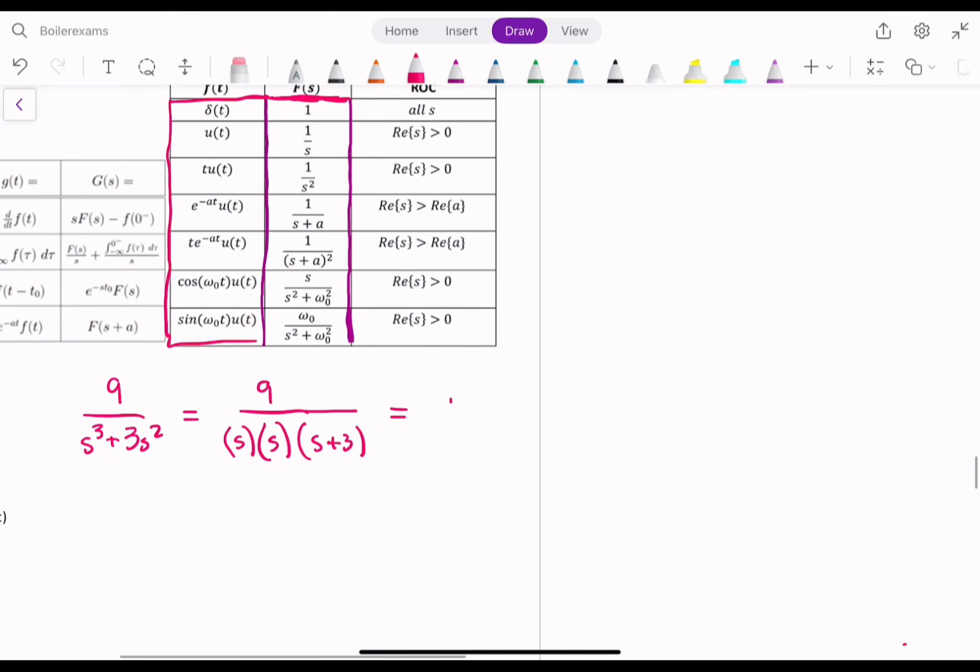So we're going to have A, some unknown coefficient, divided by our first term, s, plus B, some other unknown coefficient, divided by our second term, which is also s. Because it has been repeated, in order to differentiate that term from the first term, we are going to square it. And then finally, we do the same thing for our last term, s plus 3.